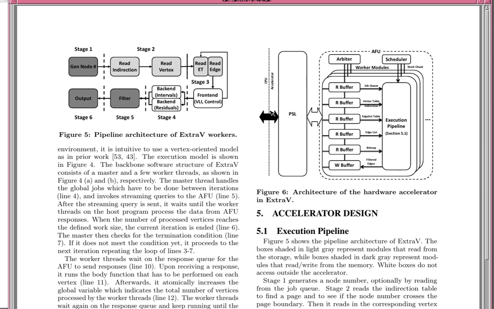Because it is all deterministically scheduled, you can have the ExtraV workers down near the memory, pre-processing or pre-vetting in a fully deterministic fashion the data that is sent to the main CPU.